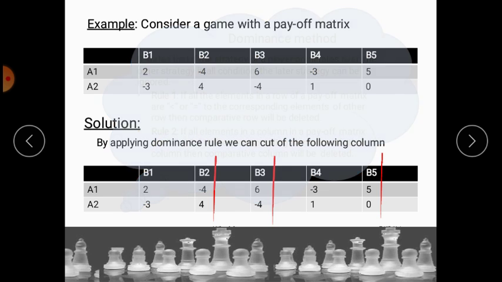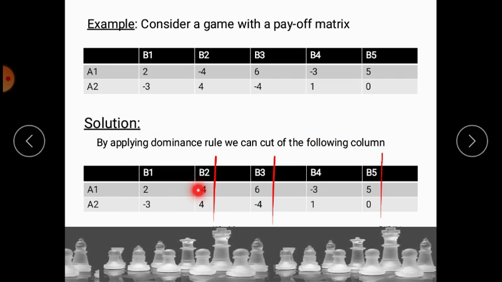So minus 4 is less than all the other elements in that particular row, so that will be deleted.